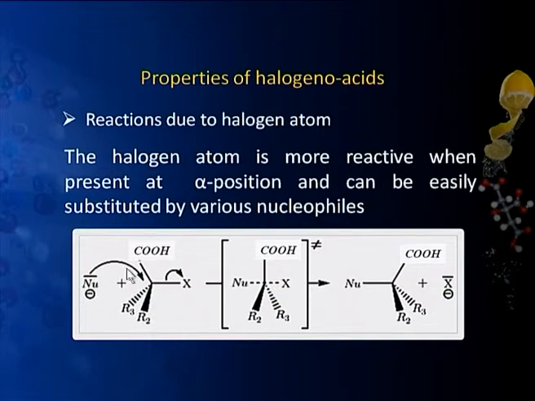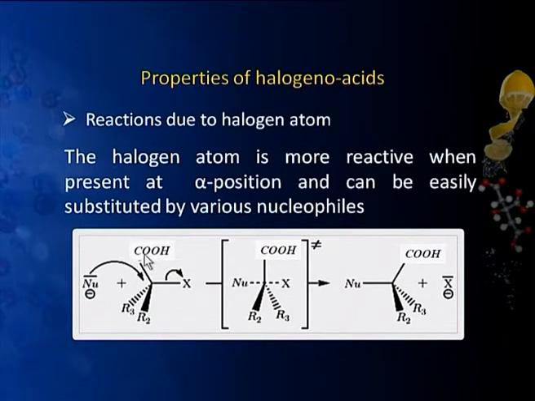And the attack of the nucleophile will be faster or easier if this carbon has enhanced positive charge, and this positive charge gets enhanced by electron withdrawing groups like the carboxylic acid.